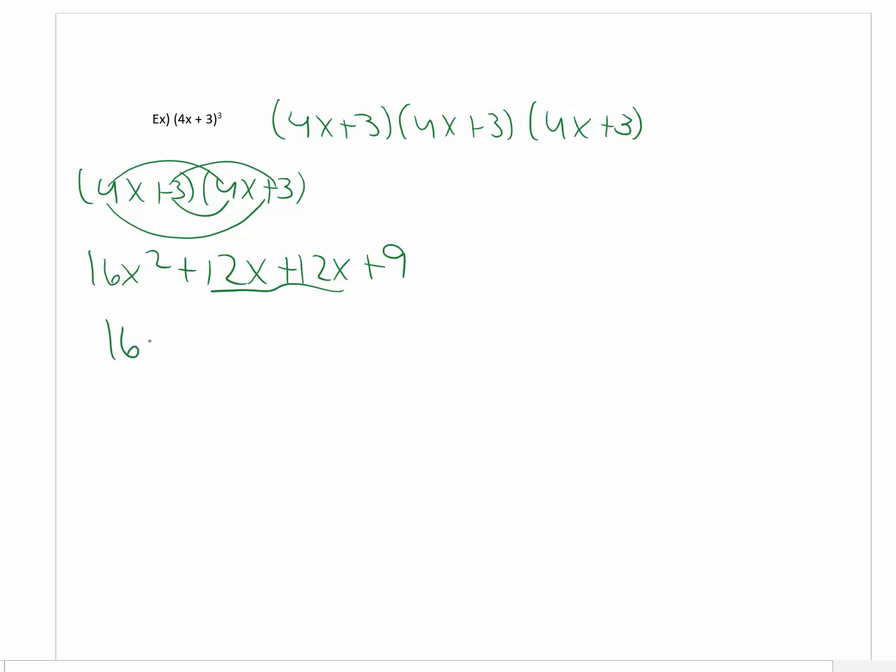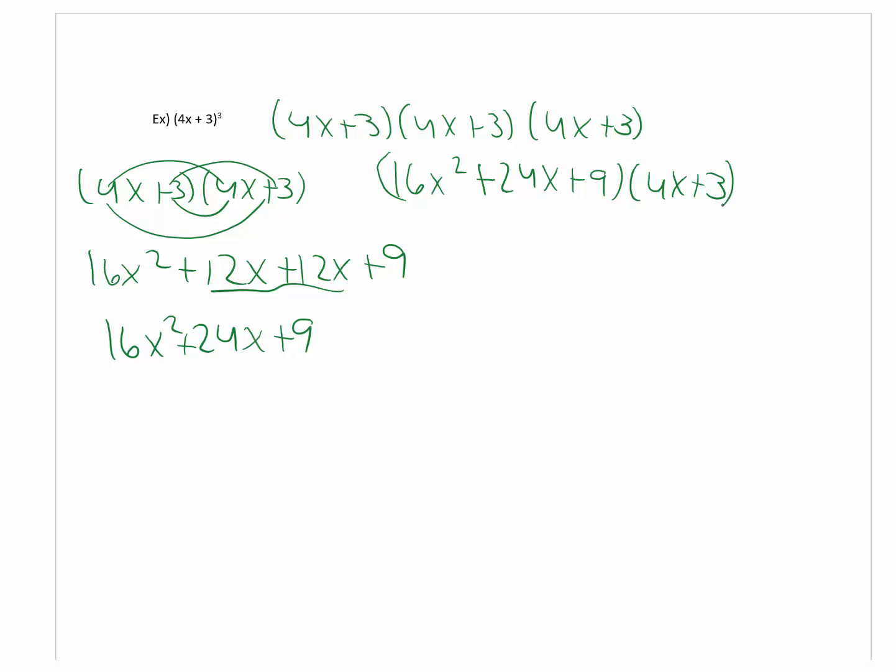Combine like terms. Okay, so I'm going to write this here. Again, I cannot use the FOIL method here, so I will use the distributive property here.